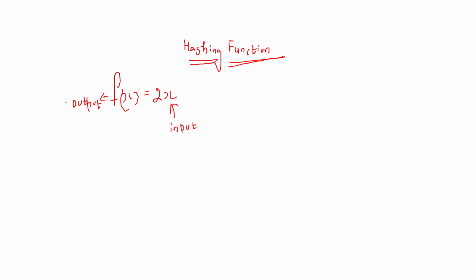Let us call this y. So a mathematical function takes input and gives output. Similarly, a hashing function is a mathematical function, but it is a bit different compared to the mathematical functions we have come across so far.